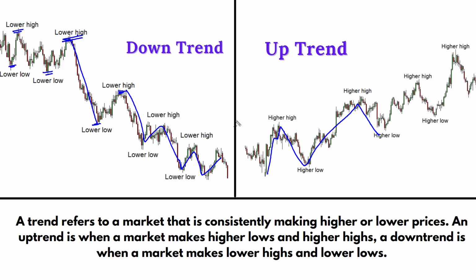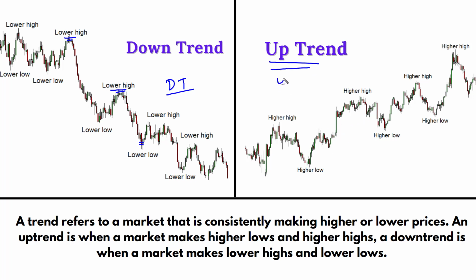Sometimes we draw the lines, but the market will not be in that manner. In the live market, you should analyze this. You have to identify these lower highs and lower lows formation, and you should understand this is a downtrend. And if you see this type of formation, then you should immediately understand it's an uptrend.